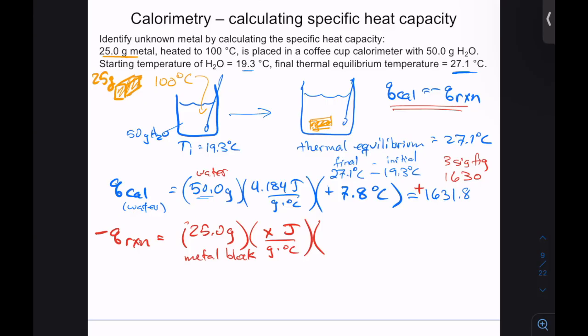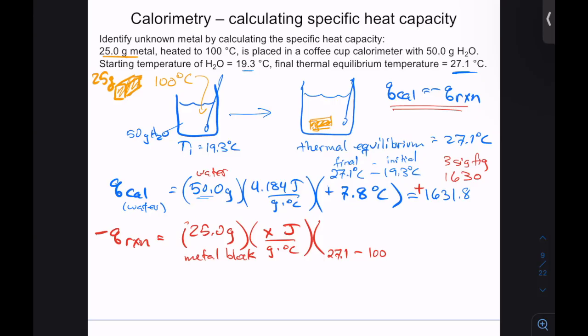So what was the temperature change experienced by the metal block? The final temperature was still 27.1 degrees Celsius, but the initial temperature in this example is 100 degrees. In your case, you would think it was 100 degrees, but you're going by whatever your laboratory thermometer says, which never reads 100 degrees when you're boiling water in lab.